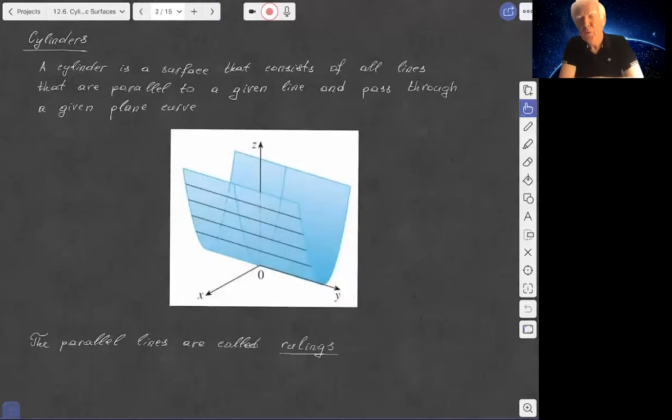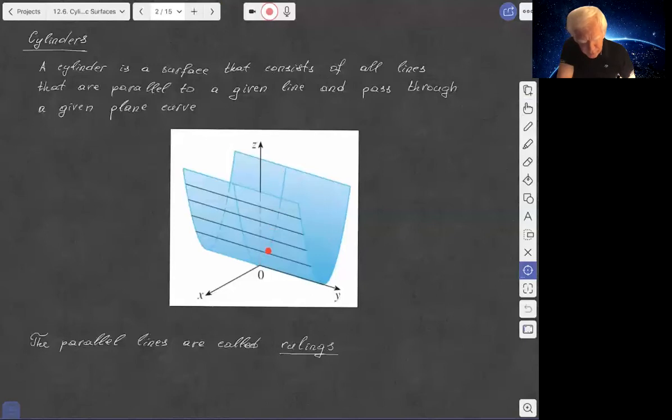First of all, we're going to focus on cylinders and see what a cylinder is. A cylinder is a surface that you get from a curve by drawing all the parallel lines that pass through every point of that curve. Let's look at an image.